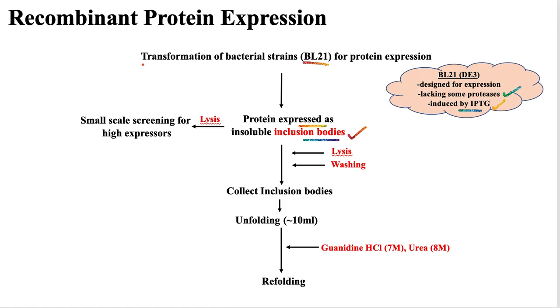By the way, I didn't mention the different steps involved in the transformation till we reach this point. I have mentioned in detail how this transformation takes place. When we transform BL21, which is a bacterial strain used particularly for expression purposes, we follow similar steps as we did in our previous section, when we transformed DH5 alpha cells.